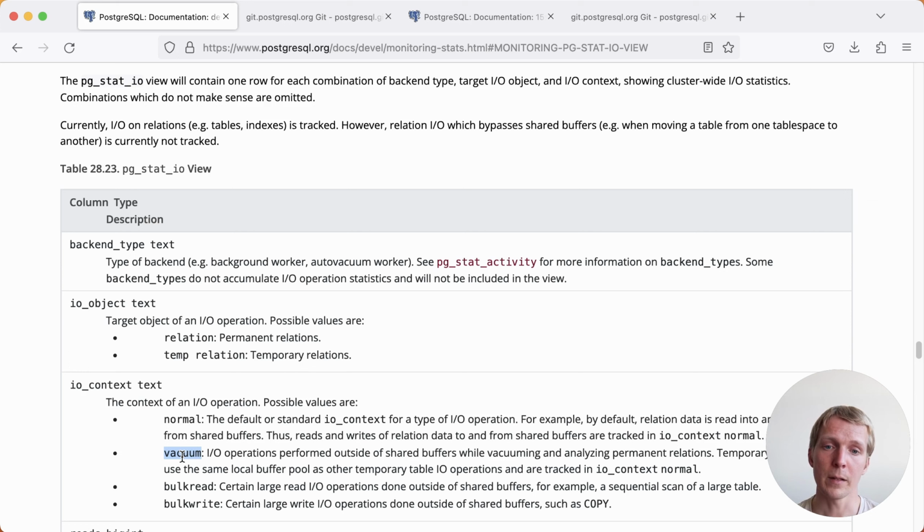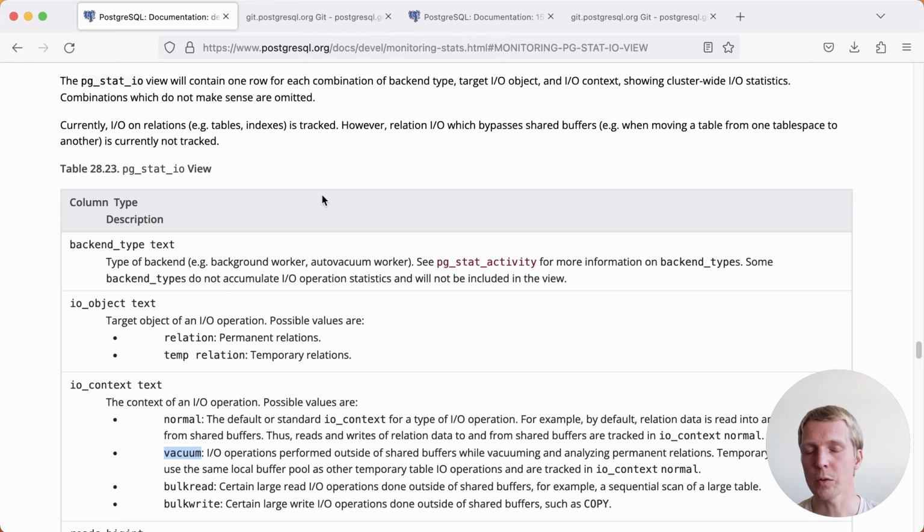Previously, what would happen is that if you counted the hits and the reads, you would actually see a higher amount of reads because of such bulk reads, because they could never keep the whole table in the shared buffer cache. That would lead to these cache hit ratio numbers being incorrect and to feel like you're not having things in cache. And even if you increase your shared buffers by a lot, it wouldn't have improved your shared cache hit ratio.